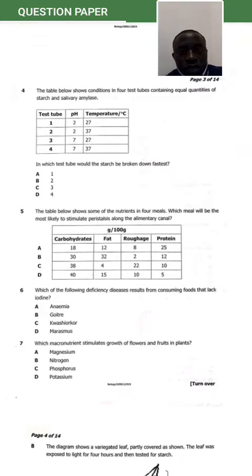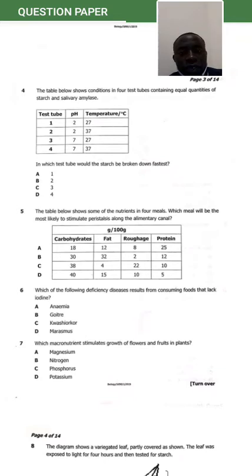Peristalsis means the movement of food bolus along the alimentary canal. Okay, so carbohydrates, fats, roughage. The correct answer there is A, 18, 12, 8, 25.